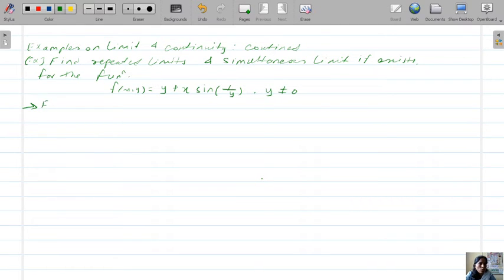So first, for repeated limit, we will see the existence of repeated limits.